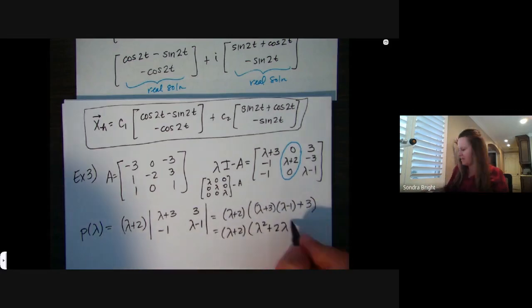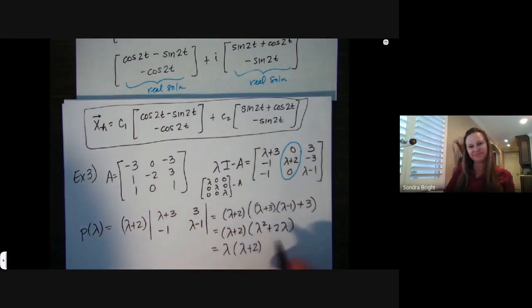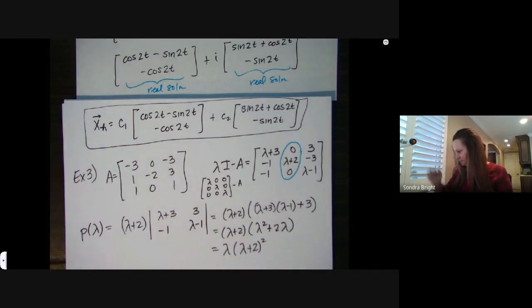Nice. Okay, factoring a lambda out of this guy, since it's in both, I'll have a lambda times a lambda plus 2 times another lambda plus 2. All right, so we got a multiplicity on that guy.